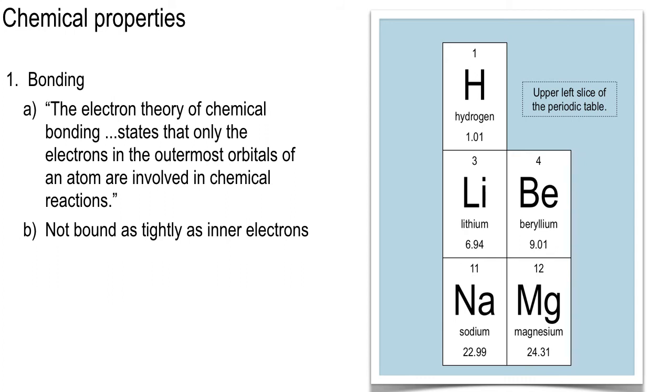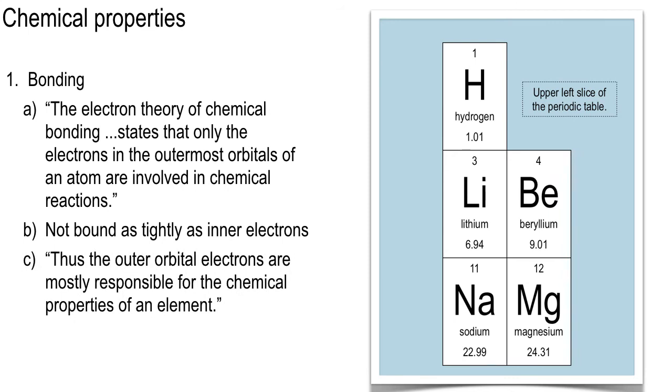The ones down there at n=1, they're in close, and the carbon is not going to let them go very quickly. But the outer ones are kind of loosey-goosey out there, relatively speaking. So the interactions of those outer electrons are going to control the various chemical properties, how things bond.